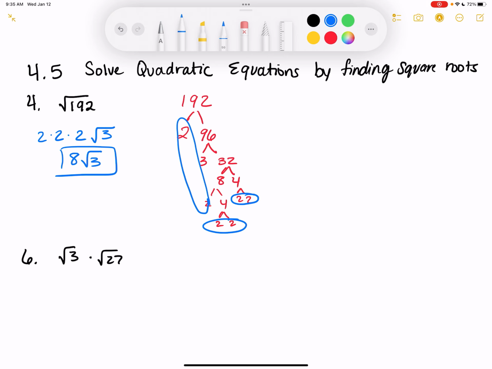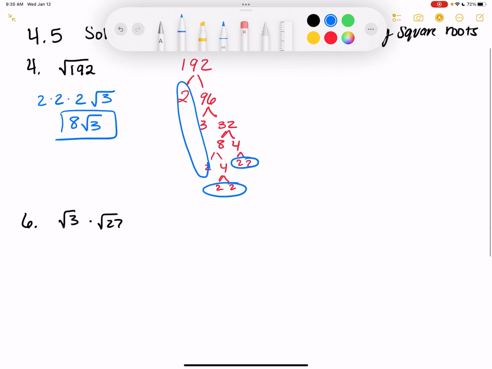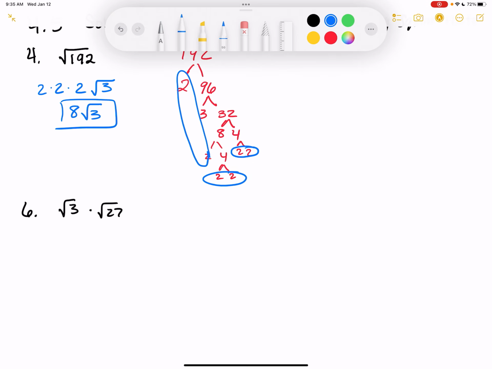Alright, so this one, square root of 3 times the square root of 27. We can rewrite this as the square root of 3 times 27. I'm ultimately going to try to pull stuff out, so I'm not even going to actually multiply it. I'm just going to leave it like that. So it's going to be broken down into 3 and 27. 27 is 3 and 9. Then 9 is 3 and 3.